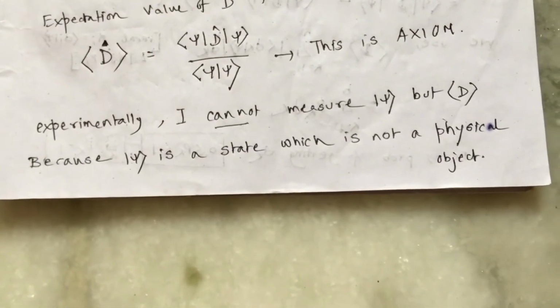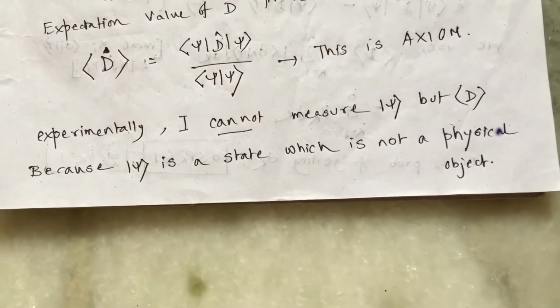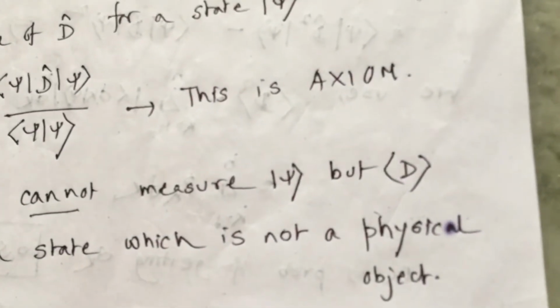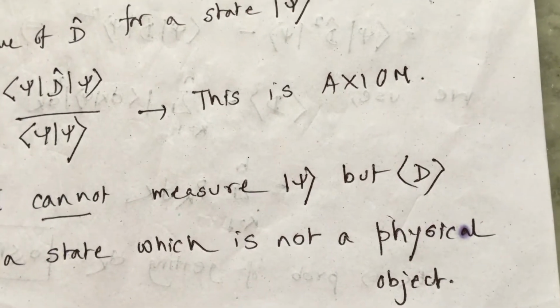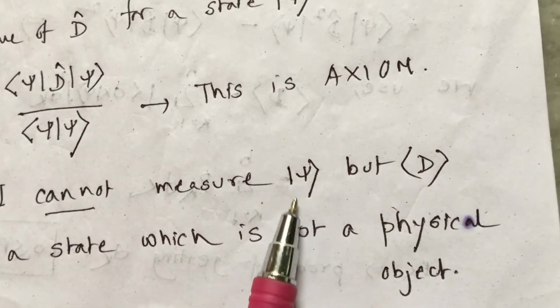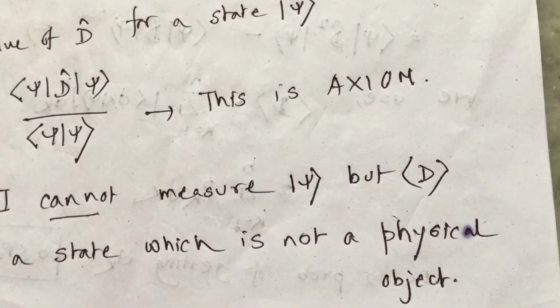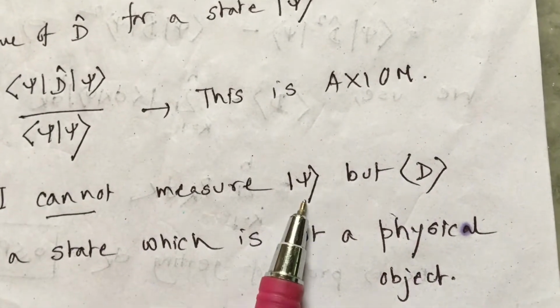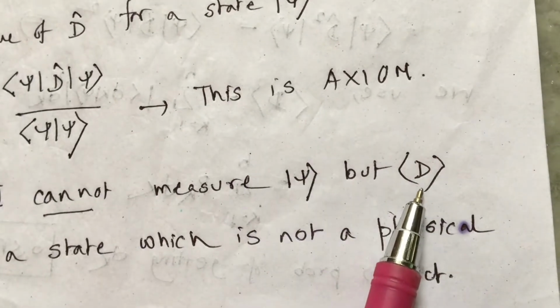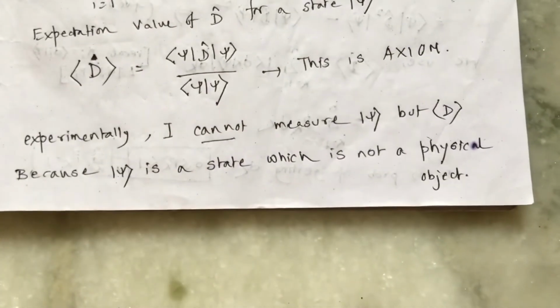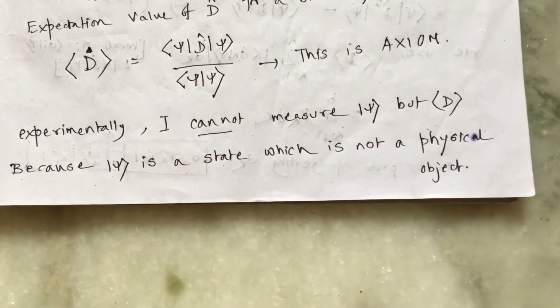Now, experimentally I cannot measure this wave function psi, but I can measure the expectation value, because this psi is a state, it is not a physical object. So experimentally I can't measure psi, I can measure the expectation value, and then I can conclude about the property of this psi.